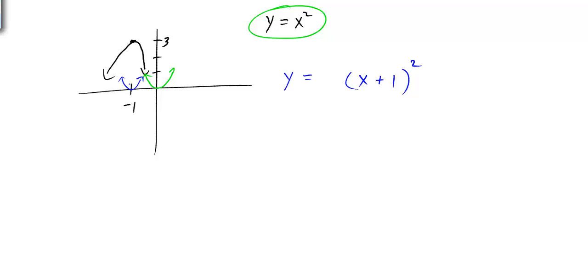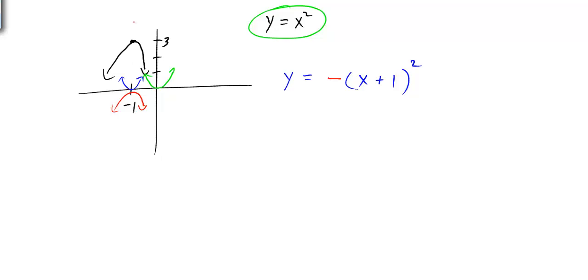Okay, now we need to cause the reflection. Well, the reflection, we need this graph to now open down. Well, in order for us to have a reflection here, we need to change our signs. So therefore, we have to put a negative out front, and that's going to cause the graph to open downward. So now we have the right direction. We're over 1.